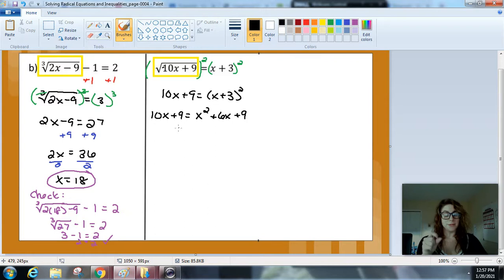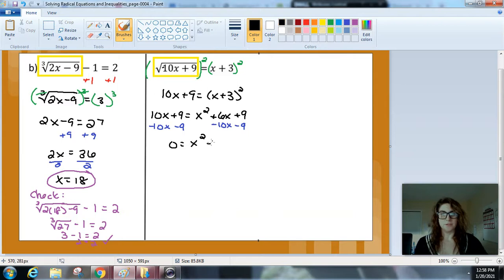From here, anytime you have a quadratic, you want to get one side to be 0. It's the only way you're going to be able to solve it realistically, by your square root method, by your quadratic formula, by factoring, all those methods. We want to have it equal to 0 before we can do anything else. So I'm simply going to move the x and that 9 over.